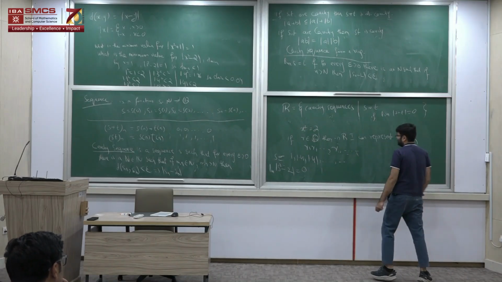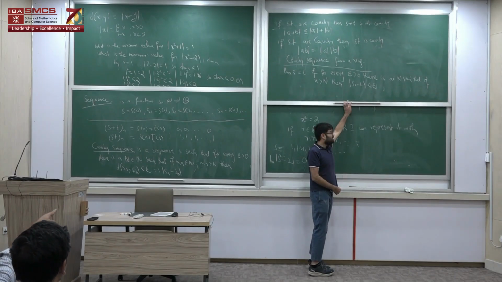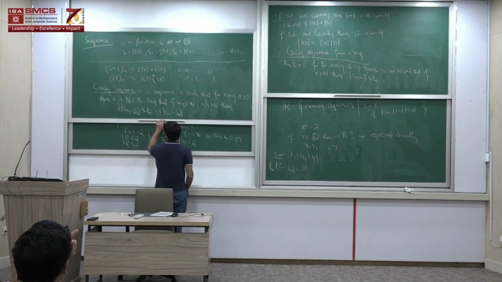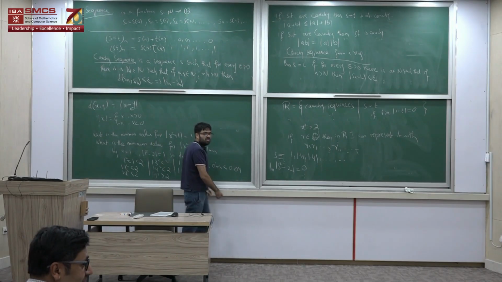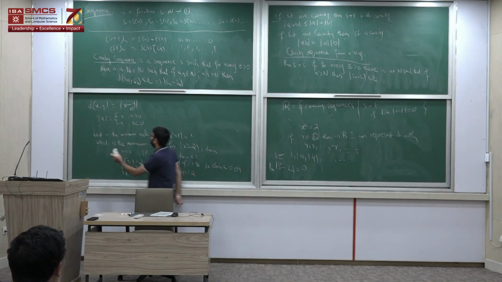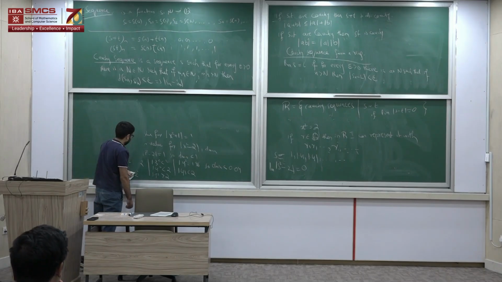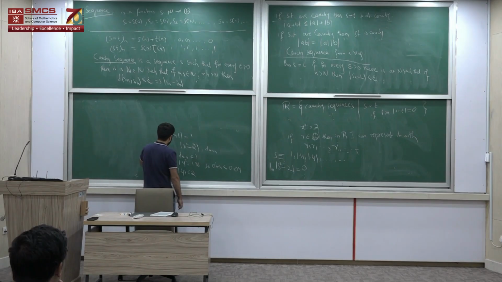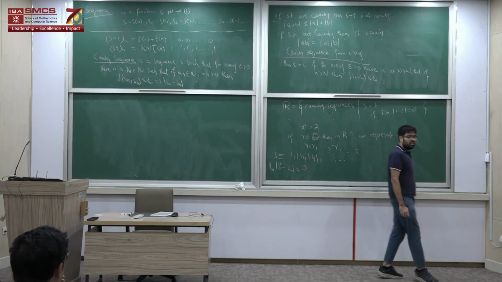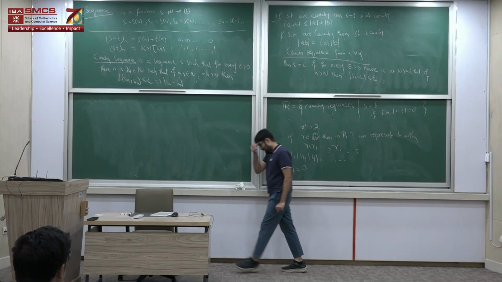So the problem with defining division on just sequences was that the sequences can have 0.